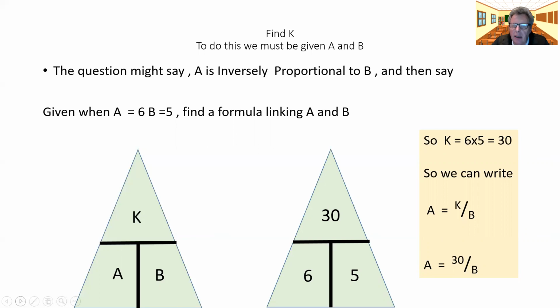So K, we find by doing 6 times 5 is 30. So we can write A equals K over B, but K is 30. So the formula, which is what we're looking for, is A equals 30 over B.